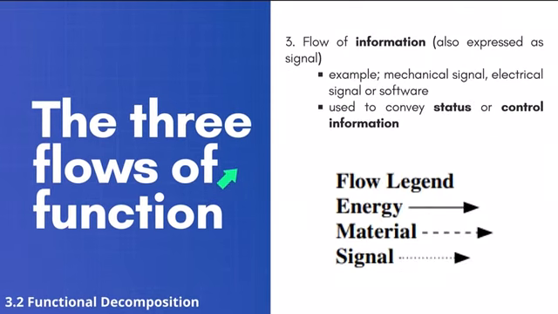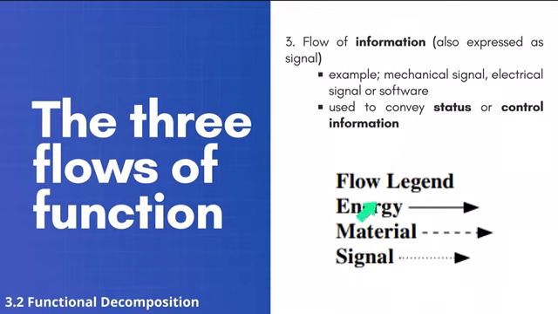The third flow of function is flow of information, also can be expressed as signal. For example, flow of information is mechanical signal, electrical signal, or software. The flow of information also can be used to convey status or control information.